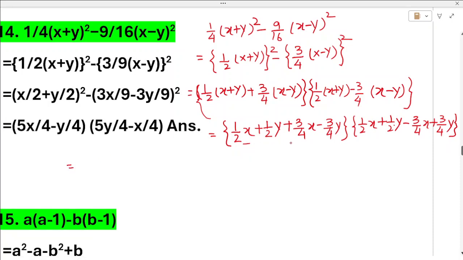So now solve this, 1 by 2x and 3 by 4x. What will happen? I think you know how to add 1 by 2 with 1 by 4.